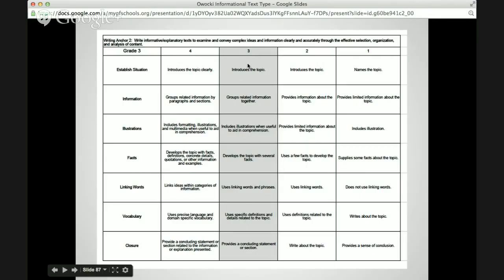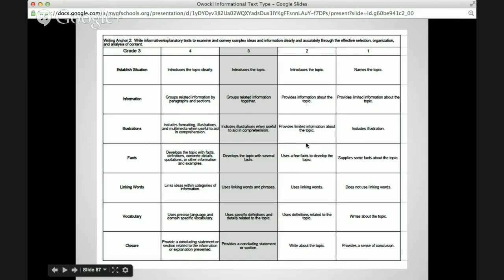And just by looking at the other grade levels, say for example, in looking at facts, you've hit the target. You've made the rubric when the child can develop the topic with several facts. But as a child looks across here in terms of the use of facts in his writing, he might say, you know, really, I just have a few facts.